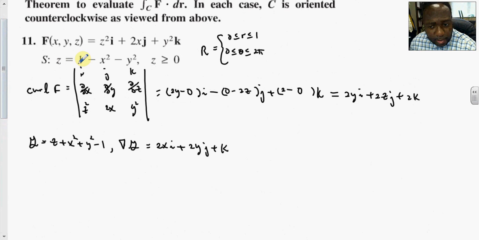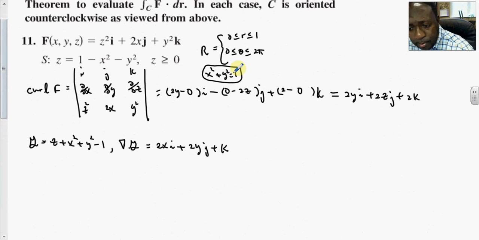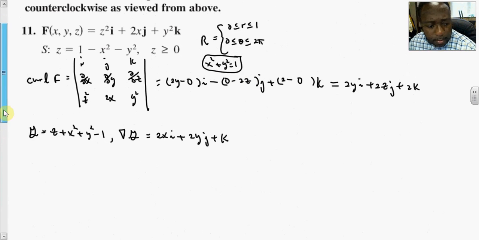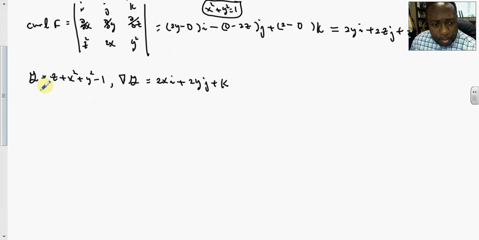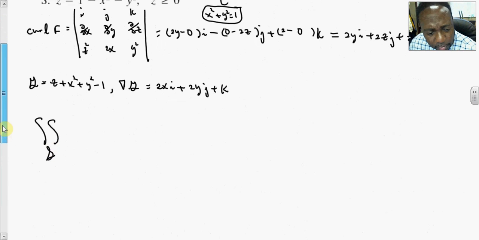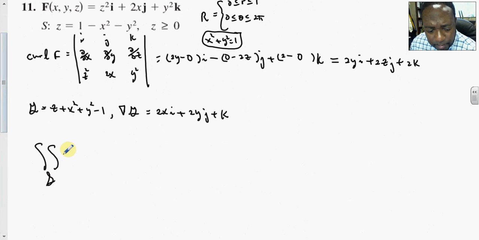Let z equal 0, then all you have is x squared plus y squared equals 1. So we have this double integral over this surface in space.